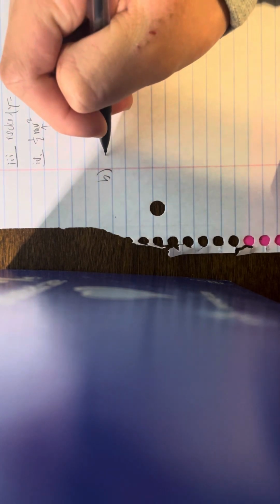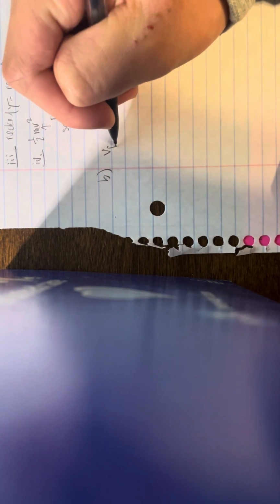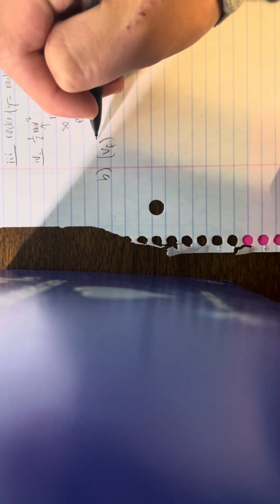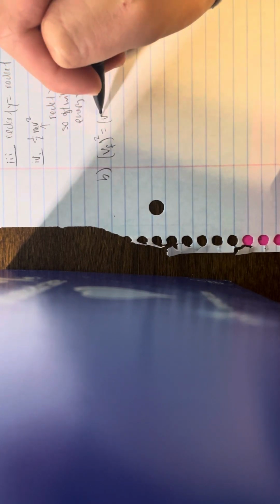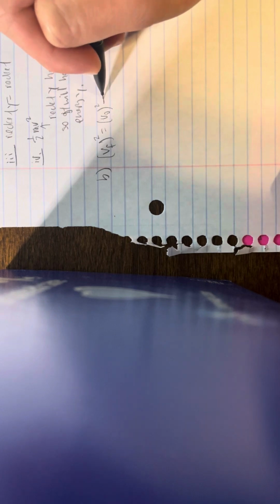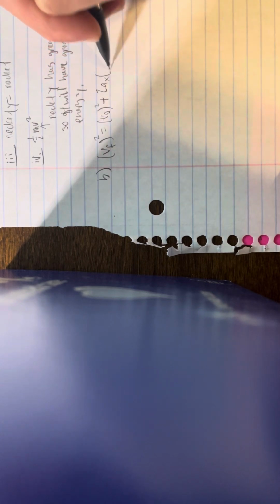So we can use the kinematic equation vf squared equals v0 squared plus 2a times displacement, and we're solving for the maximum height.